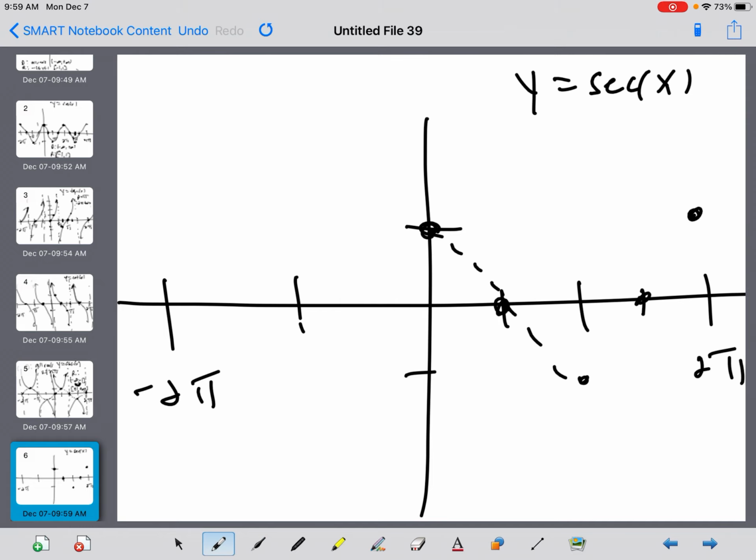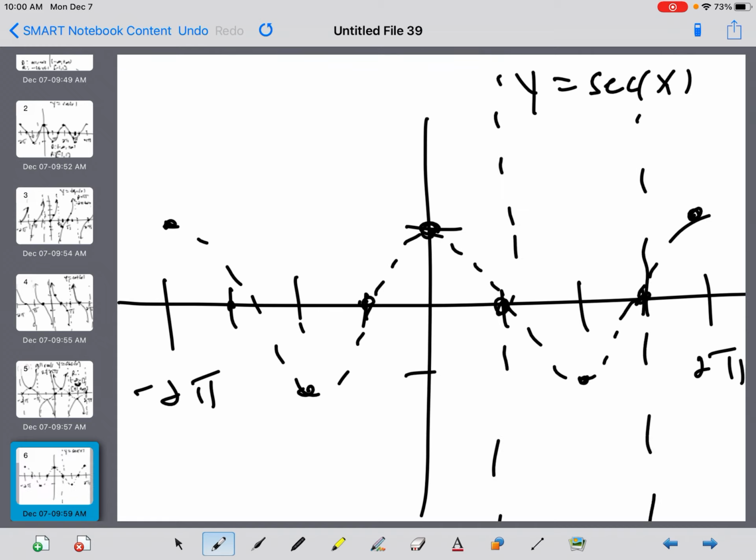So lightly trace that. All right, so wherever this is 0 now, at the odd pi over 2s, you're going to have an asymptote.